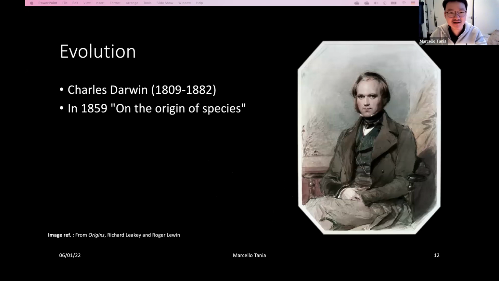If you guys know this guy, he's one of the biggest names in science, and he also made a very big discovery about natural evolution. So he's Charles Darwin, and he wrote a book in 1859, On the Origin of Species.